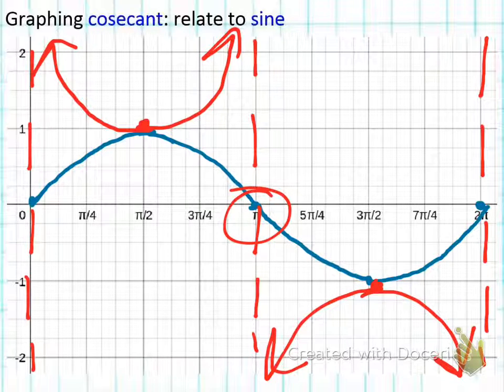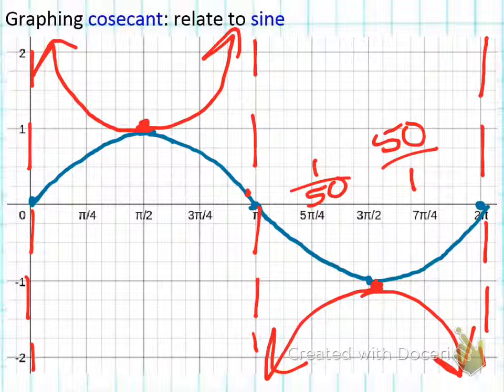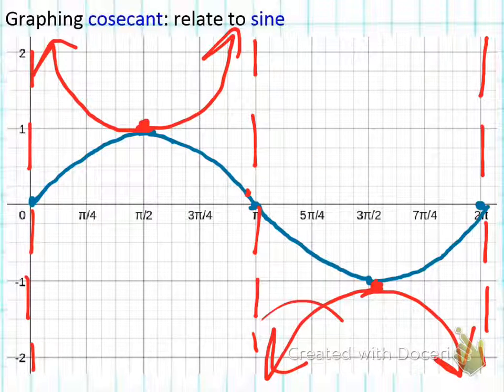For example, sine is getting really, really small, so if I flip that fraction over, if I'm right here at like 1 over 50, the reciprocal would be 50 over 1, so my cosecant graph is shooting way up, going bigger and bigger towards infinity. Same thing down here: the sine values are getting really small but negative, so when I flip it, it's a really big negative number. So it goes down towards negative infinity.